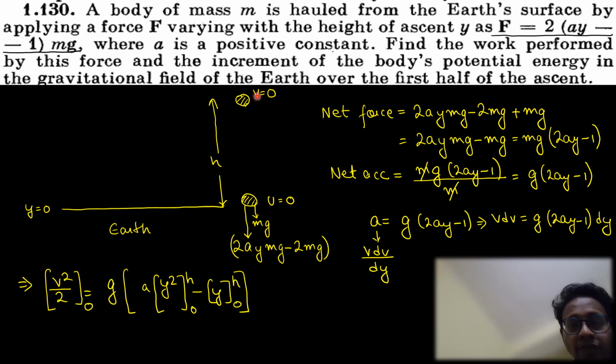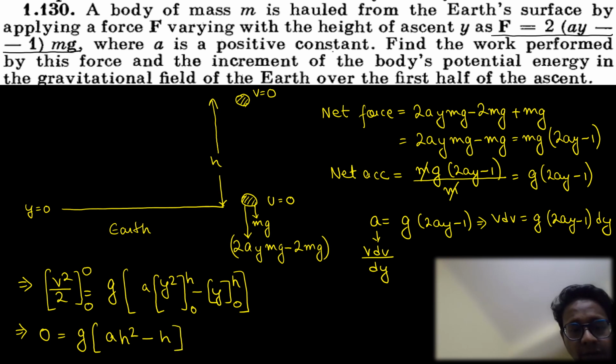What was the velocity of the particle at y equals h? It was simply 0. So 0 square by 2 minus 0 square by 2 is 0, equals g into (a h square minus 0, minus h minus 0). So it is this value.